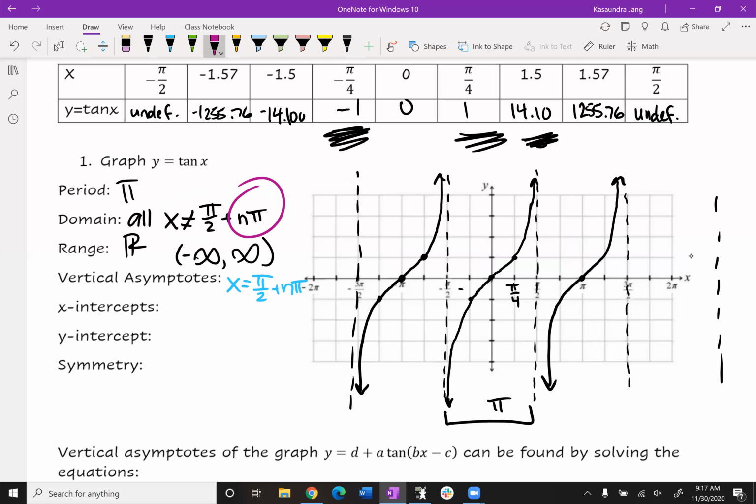I'm going to do the same thing here. n pi is the x value, and then 0, of course, is the y value on my x-intercepts. Every number of pi. You can put a number in, like a 5. At 5 pi, I should have an x-intercept.